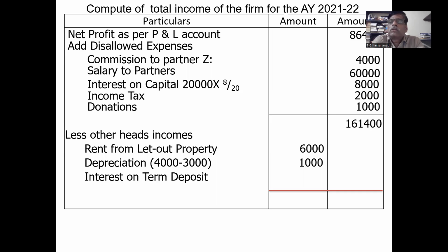Third item is interest on term deposit, that is 2,000. These are the less items. You deduct these three, total is 9,000. Then your book profit is 1,52,400. 1,52,400 is your book profit. Then the next step is working partner remuneration.